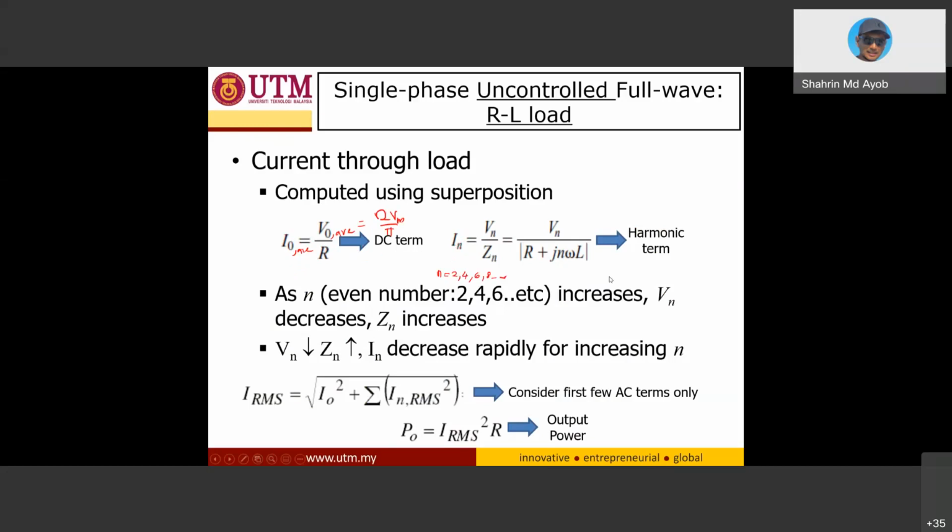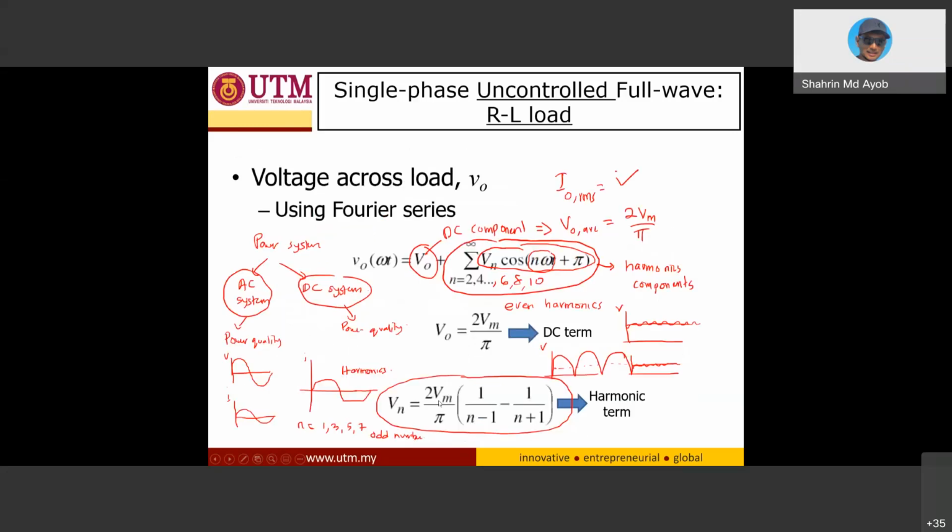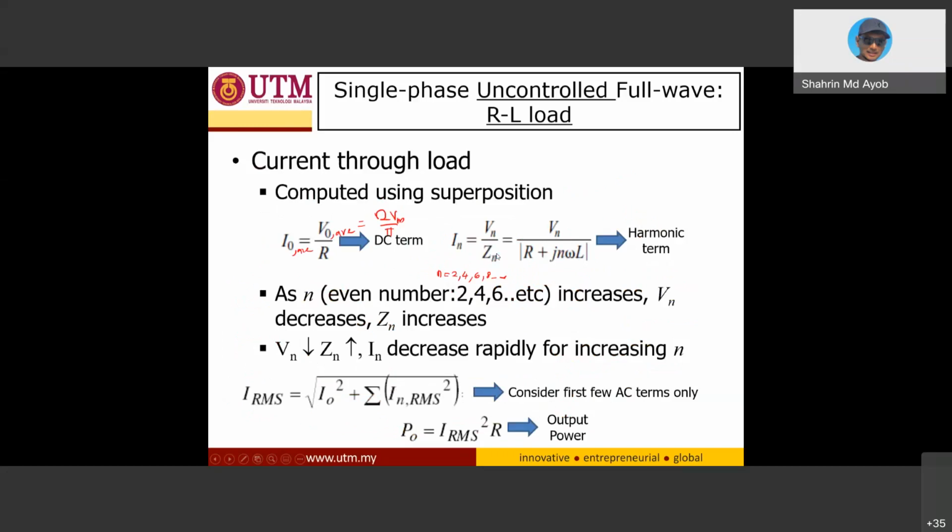So how do we calculate the current here? You need to use Vn, which is this formula, over Zn. And this Zn is only a magnitude, so you can use the square root of R squared plus (n omega L) squared to get your impedance.